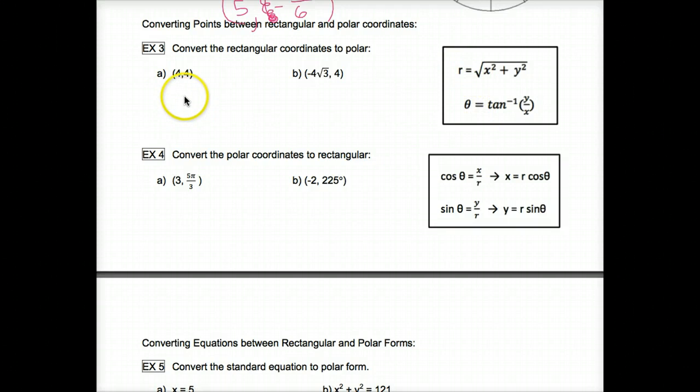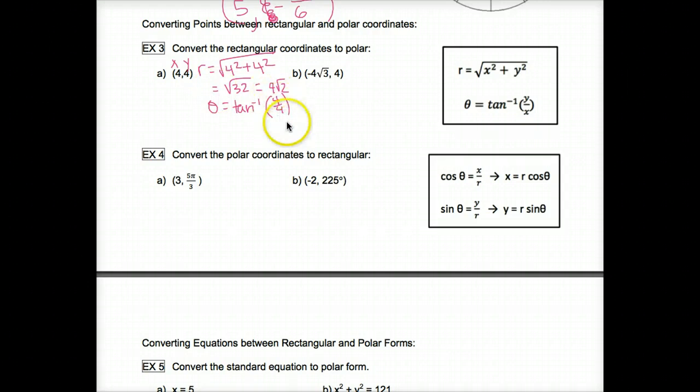I can simply say this is my x, this is my y, and r equals the square root of 4 squared plus 4 squared, so 16 plus 16, which is the square root of 32, which is 4 radical 2. And then theta equals inverse tangent of 4 over 4.